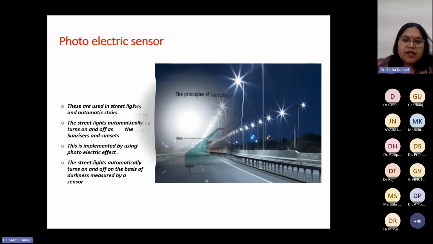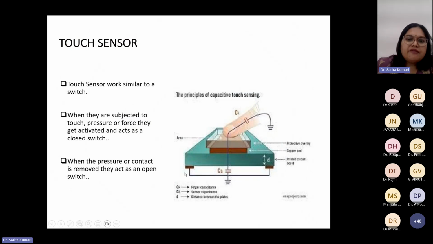Then we have touch sensors. Again, as I said, when we are using a lift, there we are using touch sensors. Again, when we are using barcode sensors, there are different types of sensors we are seeing in our daily life. Apart from this, if we go to a shopping mall, there also we can see different sensors.